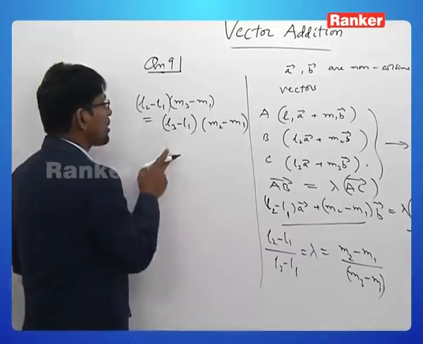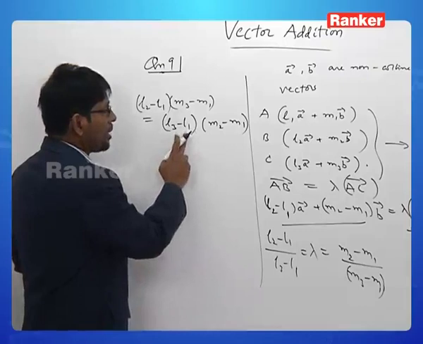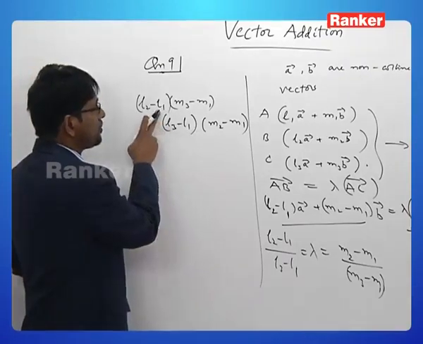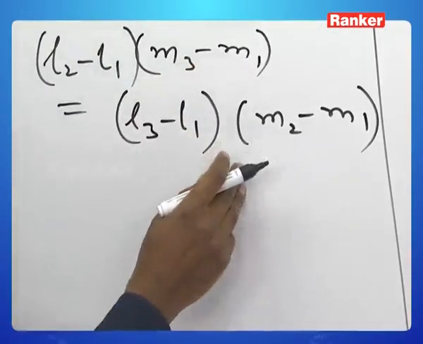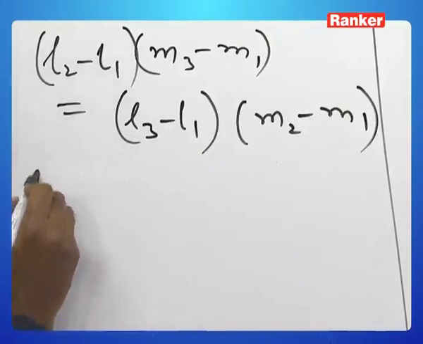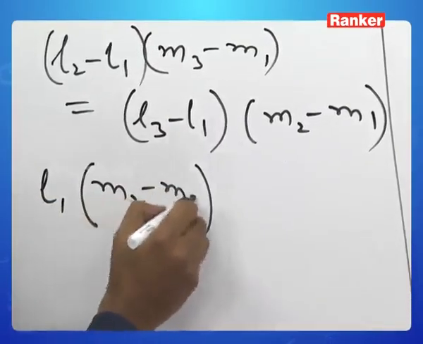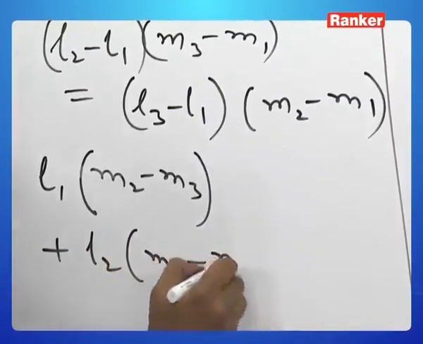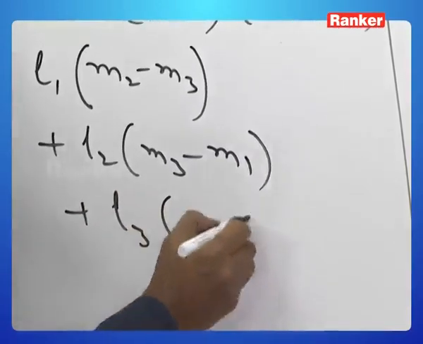Now after grouping the terms properly, we will observe that L1 is a common thing here. So we have, we can observe that you will get L1 into M2 minus M3 plus L2 into M3 minus M1 plus L3 into M1 minus M2.